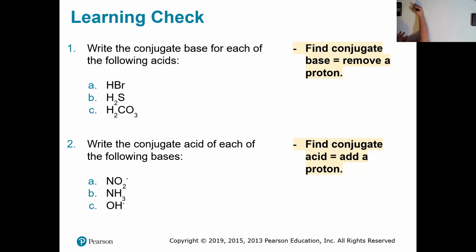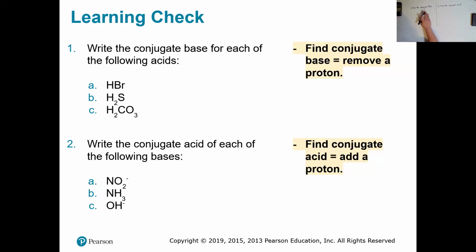They're asking us to find the conjugate base for the first set of questions, and then they're asking us to find the conjugate acid for the second set. And you have to think about what we've been talking about when you're thinking about each of these definitions.